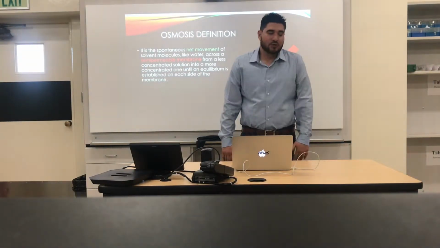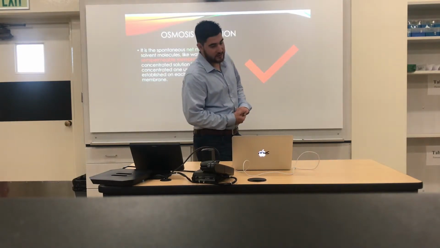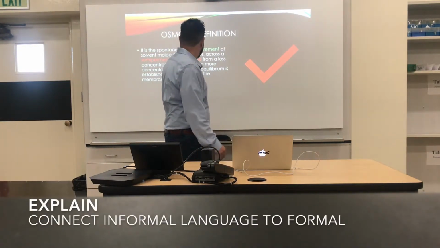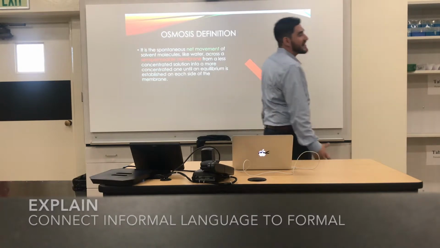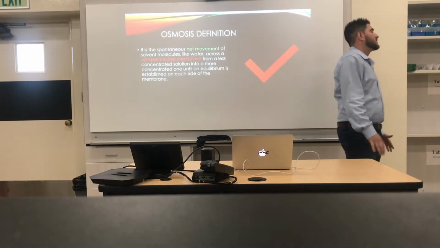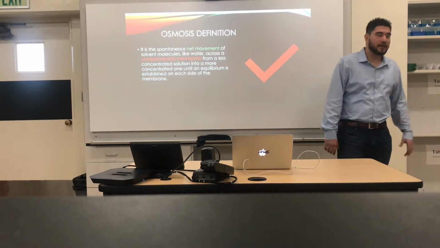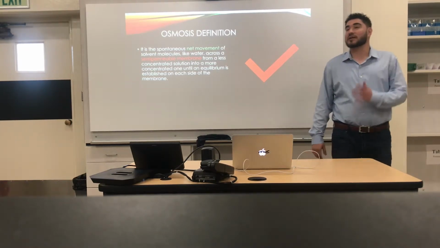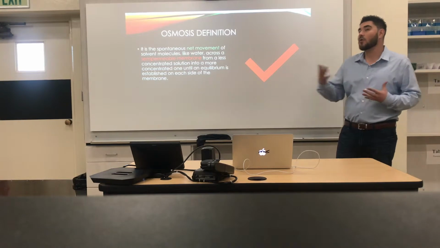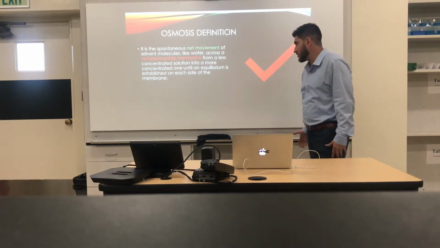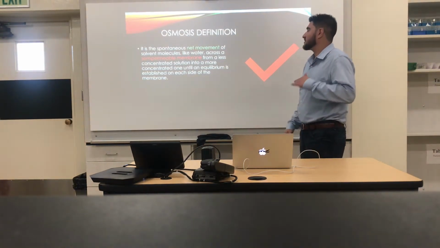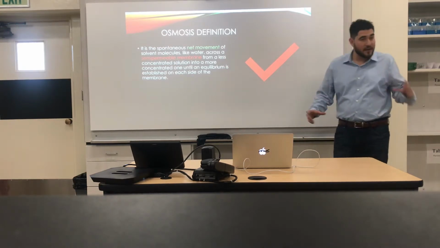So, the actual definition of osmosis: the spontaneous net movement of solvent molecules like water across a semi-permeable membrane from a less concentrated solution into a more concentrated solution, until an equilibrium is established on each side of the membrane.